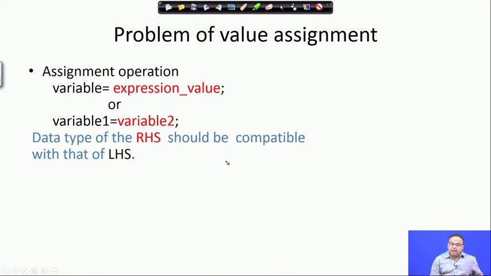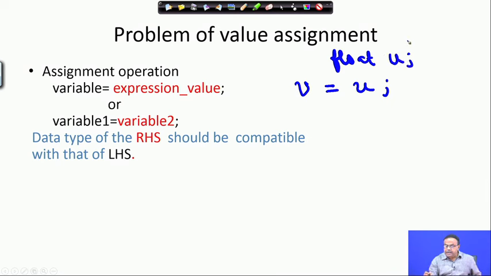Now, if for example, I say v assigned u and u is a float and v is an int, then I may have a problem. What type of problem can I have? Suppose u is 25.7. I assign this to v.